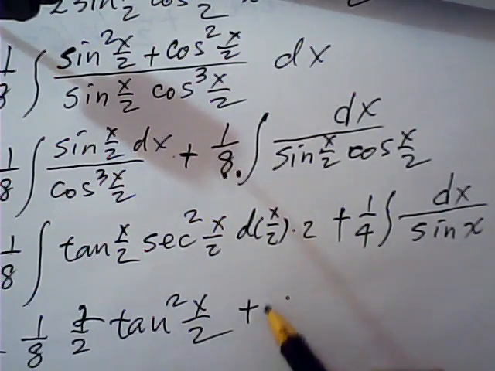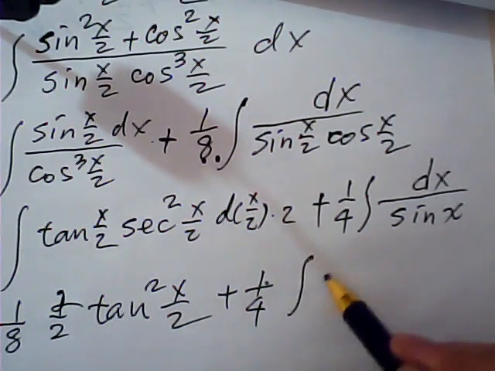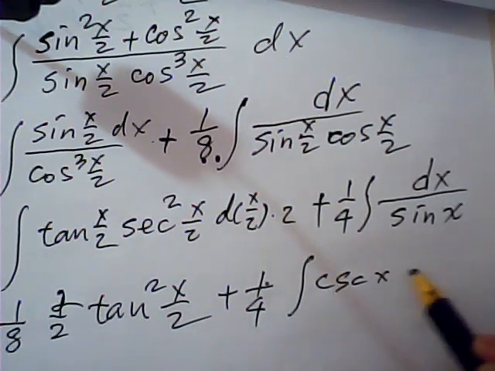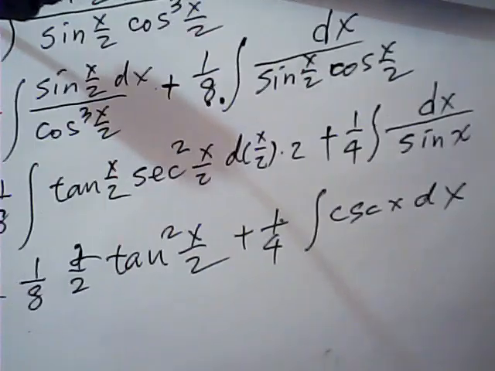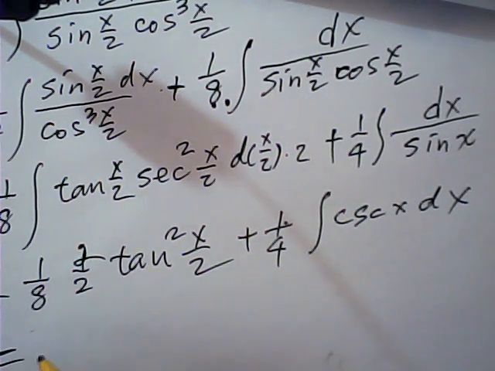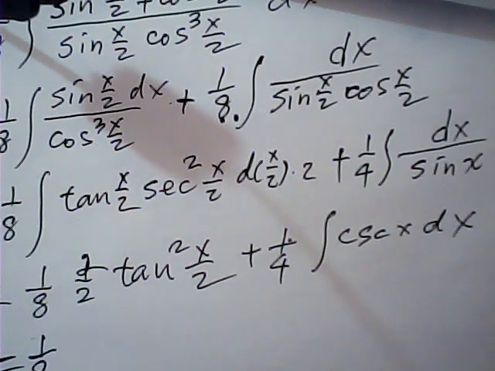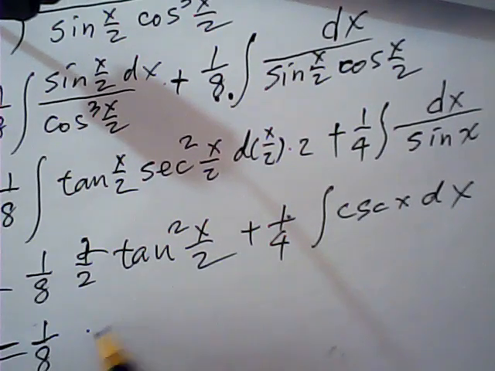This is cosecant x dx. As I said before, we consider this a basic integral. You can do it easily. This is 1/8.